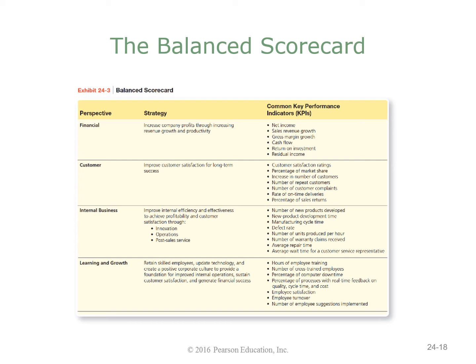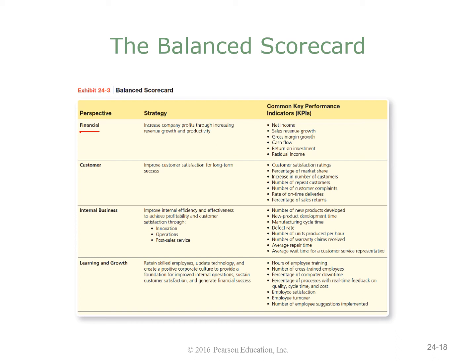If you can see here, the financial perspective follows a strategy that would like to increase the company profits through increasing revenue growth and productivity. How to measure the increasing revenue growth and productivity?